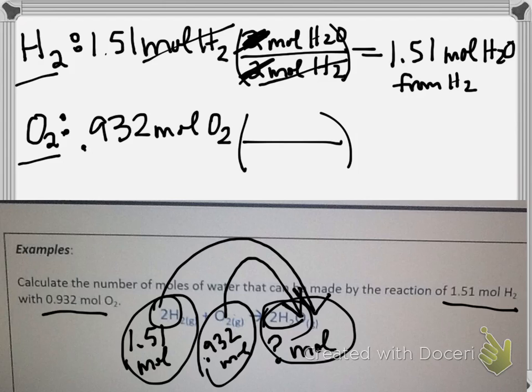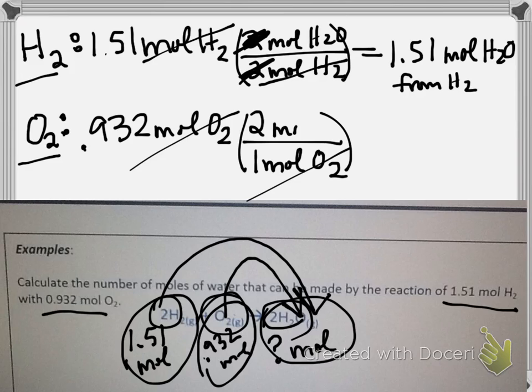We say, well, if all of that oxygen reacted, how many moles of water could I make? Well, in the balanced chemical equation, for every 1 mole of oxygen, oxygen on top, oxygen on bottom, I make 2 moles of water. So I'm going to get my calculator out here. I don't trust myself. 1.86 something. All right.